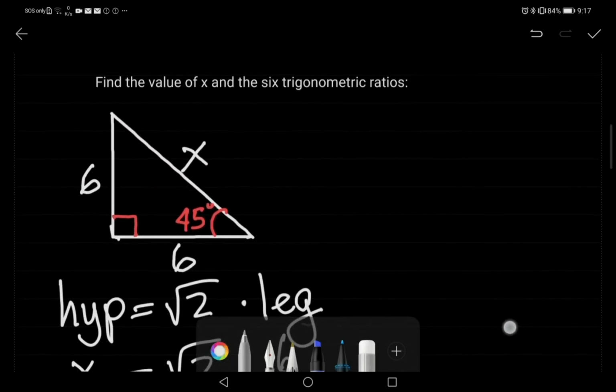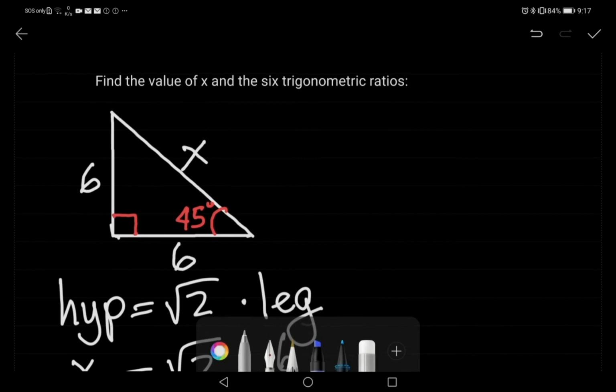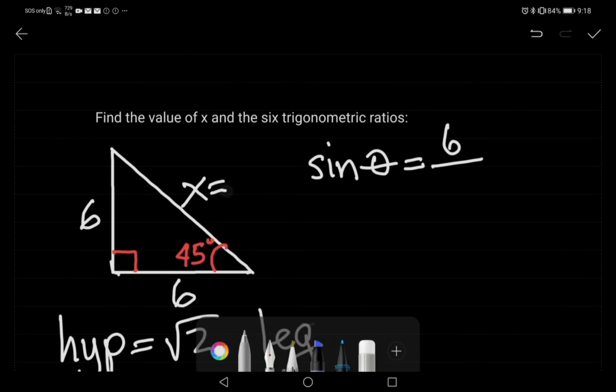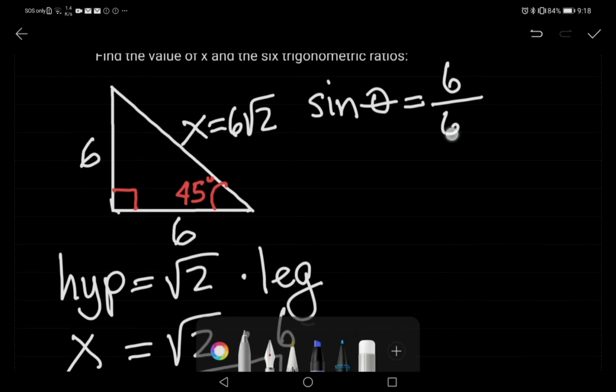Then to solve for the 6 trigonometric ratios, sine theta is opposite over hypotenuse. So the opposite is 6 and the hypotenuse is 6 square root of 2.